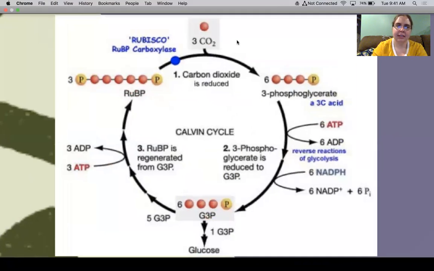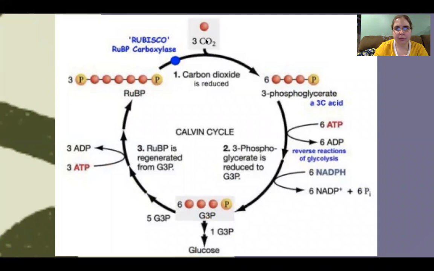All right, so here we have carbon dioxide entering. Now the carbon dioxide is going to form a 6 carbon molecule because it's going to attach to this 5 carbon molecule over here that's already present. So our 5 carbon molecule combines with the carbon dioxide and it forms a 6 carbon molecule.